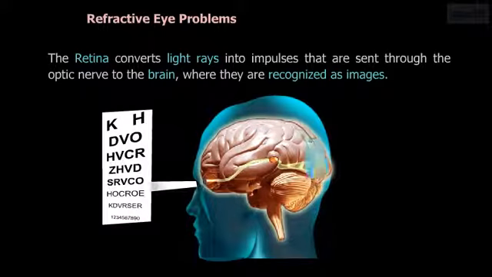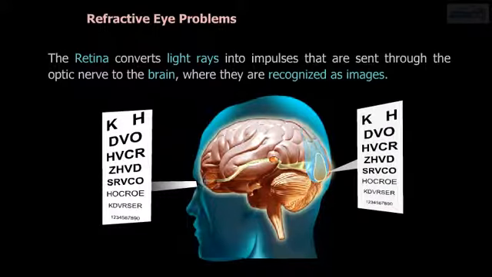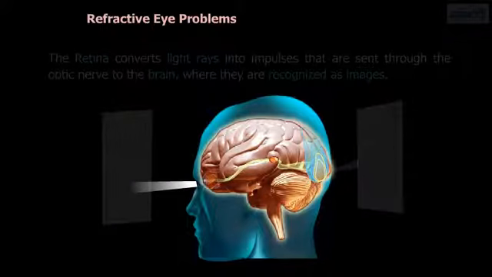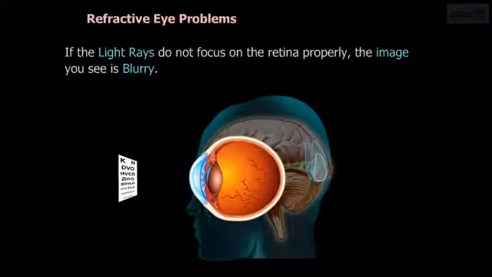The retina converts light rays into impulses that are sent through the optic nerve to the brain, where they are recognized as images. If the light rays do not focus on the retina properly, the image you see is blurry. This problem is called a refractive error.